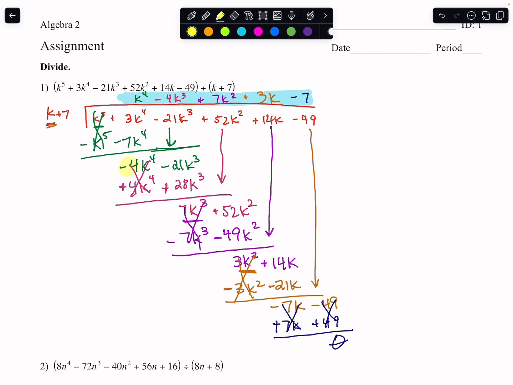The 3 ends up being our next term. And the negative 7 ends up being the next term. And what I meant by keeping it organized, you notice all of this in this area. The fourths are here, the cubes are here, the squares are here, and so on. So that's how you can kind of stay organized. All right, let's jump to the next one.